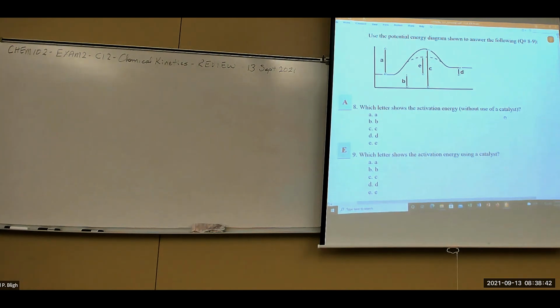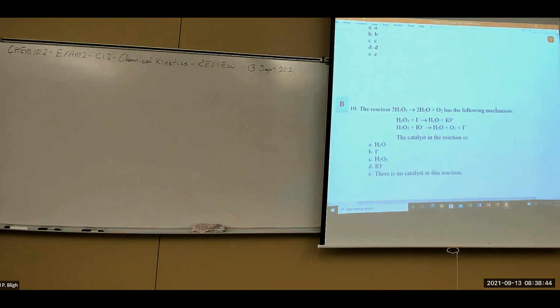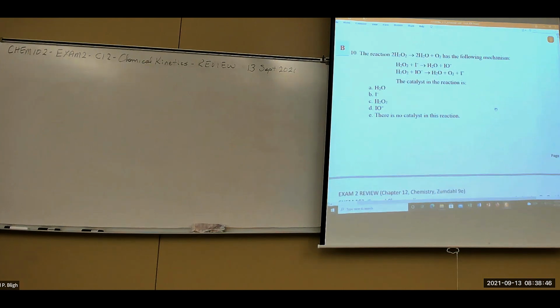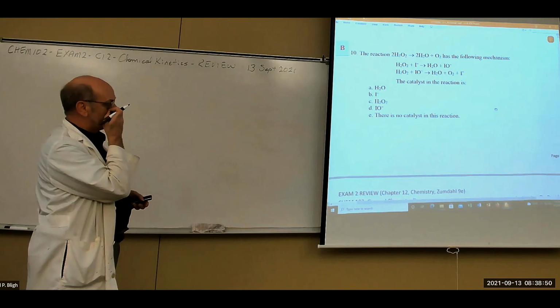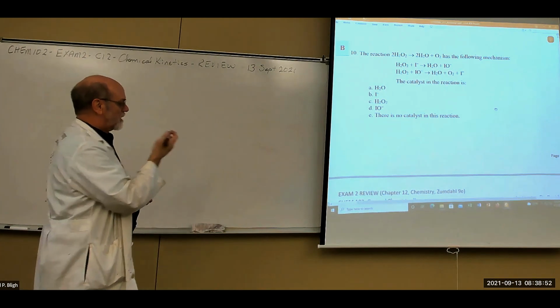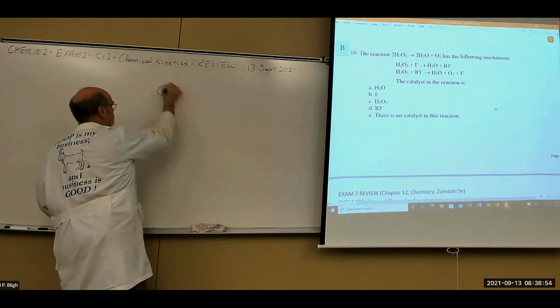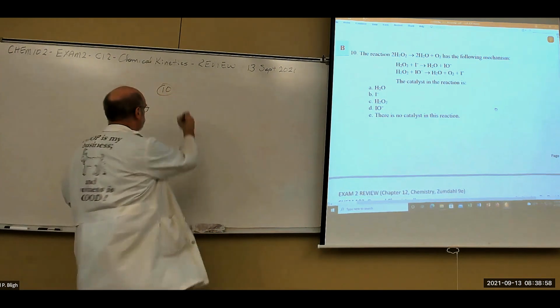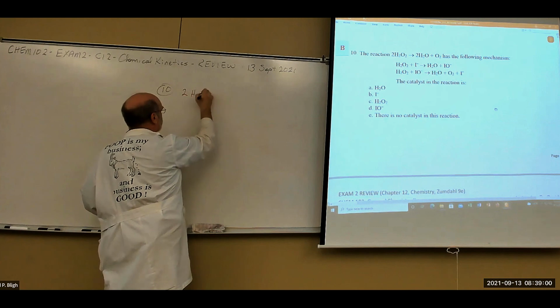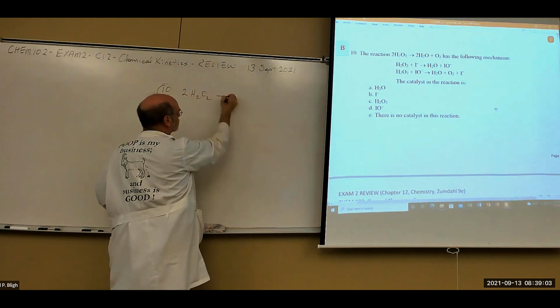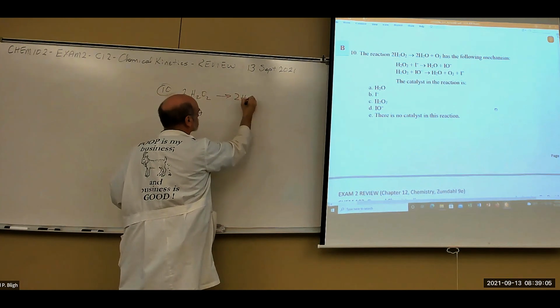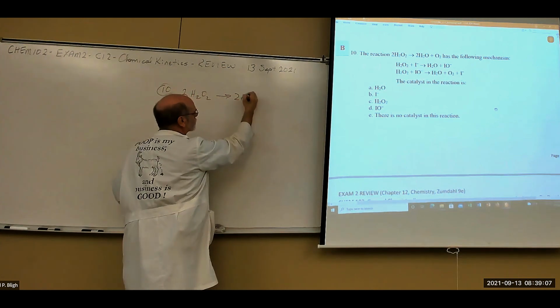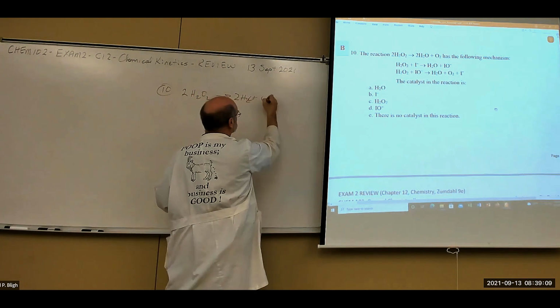10. Okay. For this reaction, what is that? 2 hydrogen peroxide yields 2 water plus O2.